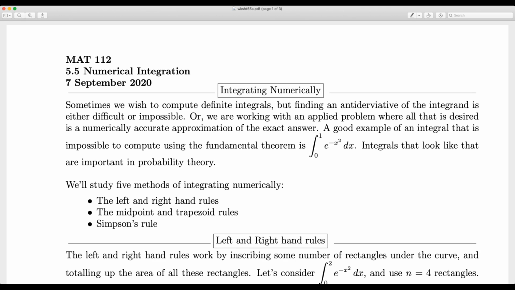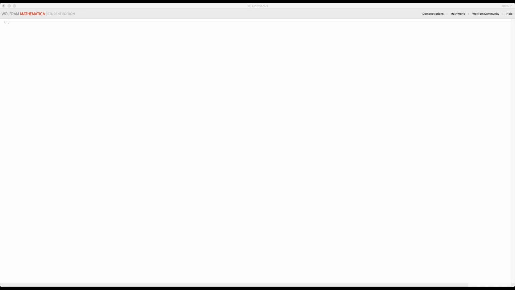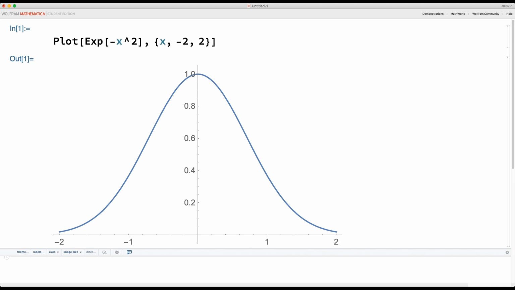Let me flop over to Mathematica here for a moment. This curve here is basically the bell curve from probability theory. I say basically because I would have to scale this thing a little bit to have total area 1, that makes sense, for 100% probability.